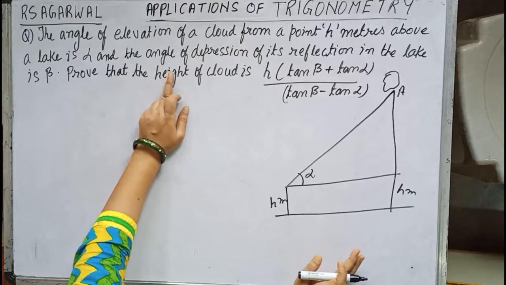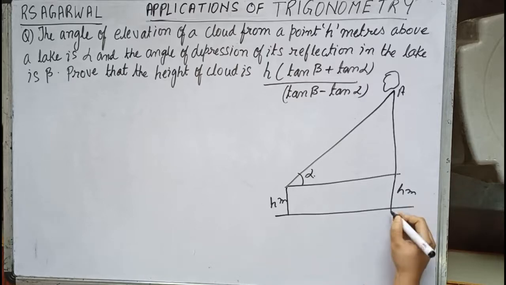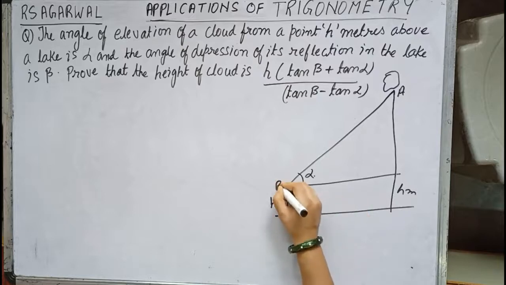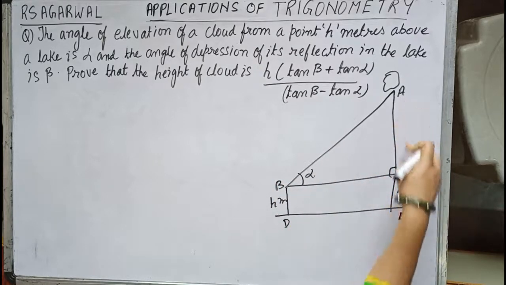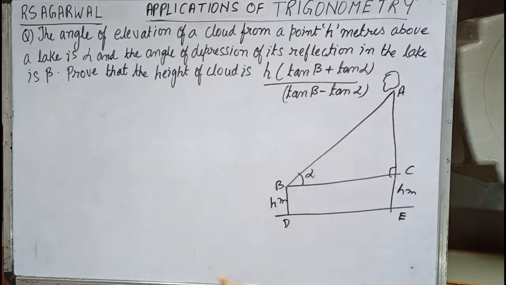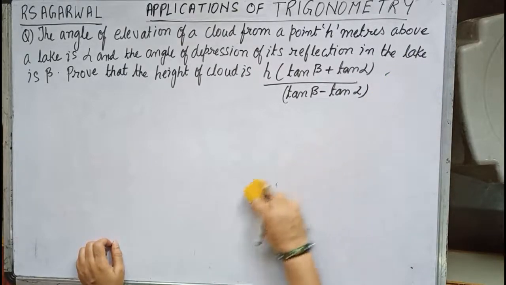So I have to draw the reflection. Suppose these points are A, B, C, D and E. Now this AE I have to draw downward, so this much length will not be covered. So I am rubbing it and drawing a small figure.